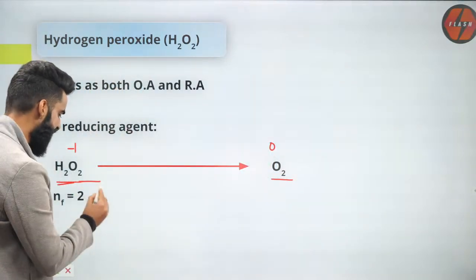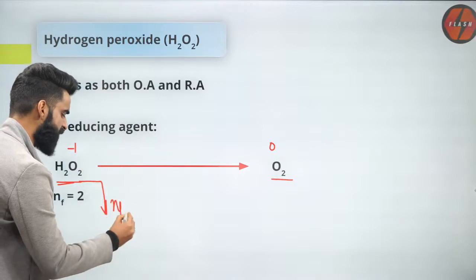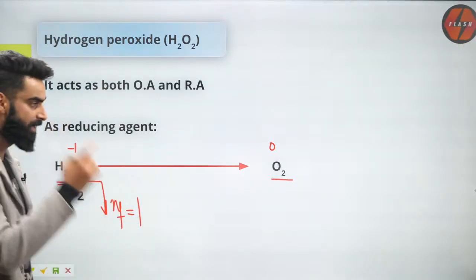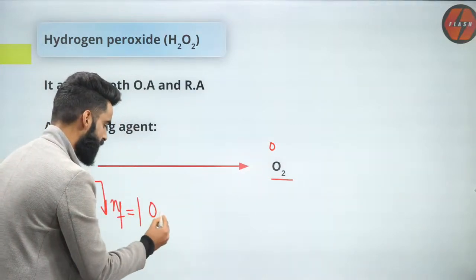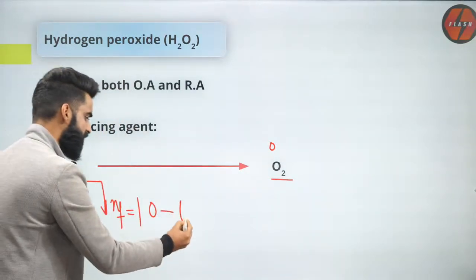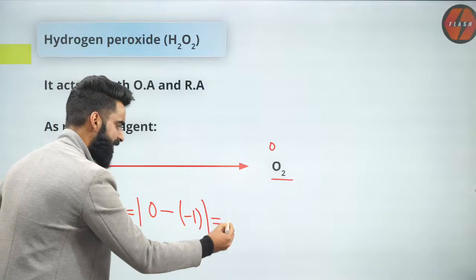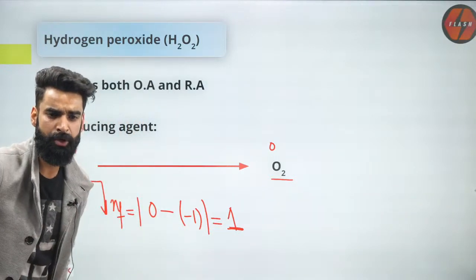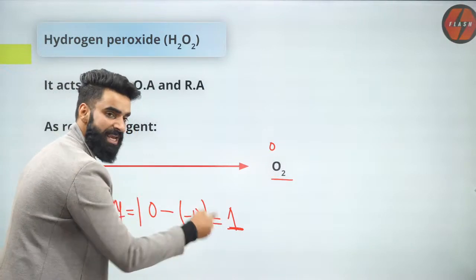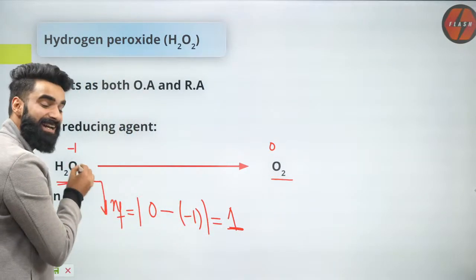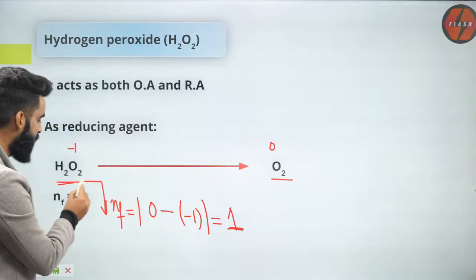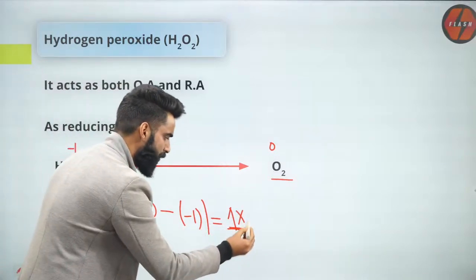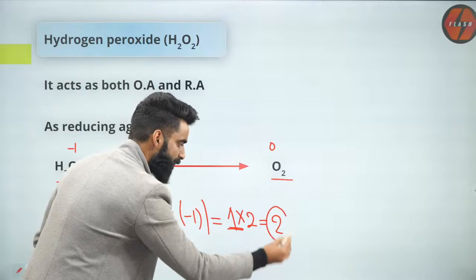If I want to calculate the N factor, it is equal to the change in oxidation state, which is the final oxidation state of oxygen minus the initial oxidation state of oxygen, which is again -1. The value will come as 1. Is this 1 the N factor of H2O2 over here? No way. This 1 is the change in the oxidation state for one atom of oxygen. But how many atoms of oxygen do we have? We have 2 atoms of oxygen, so I'm multiplying it by 2. The value will come as 2.